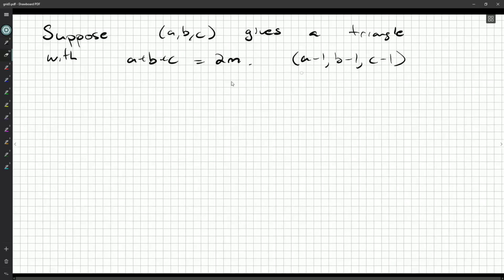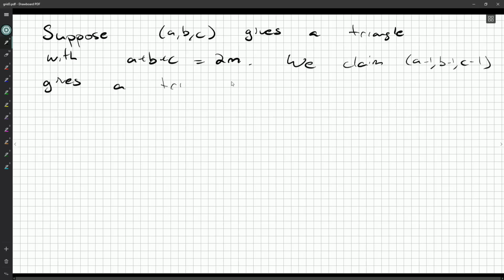So, at least this is what I'm going to start with. We claim a minus 1, b minus 1, c minus 1 gives a triangle of perimeter 2m minus 3.